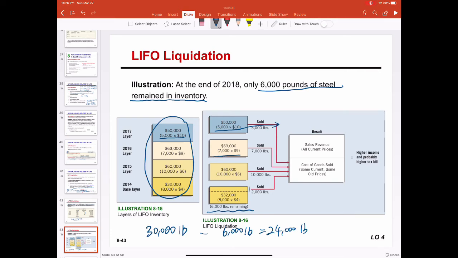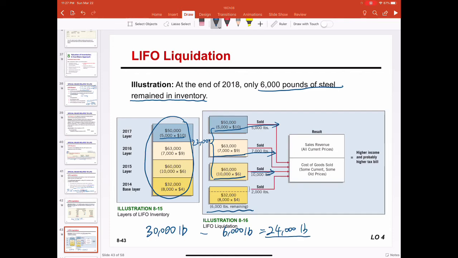Next, 7,000 will become cost of goods sold. Still not enough. Another 10,000 sold will become cost of goods sold. Now the total of these three is 22,000. Total 24,000 pounds were sold.